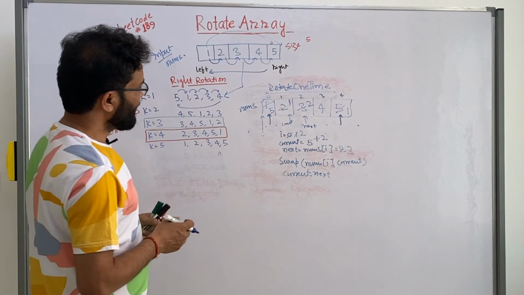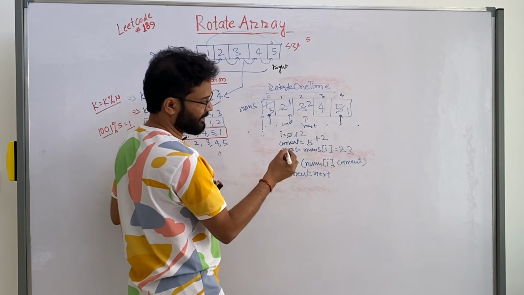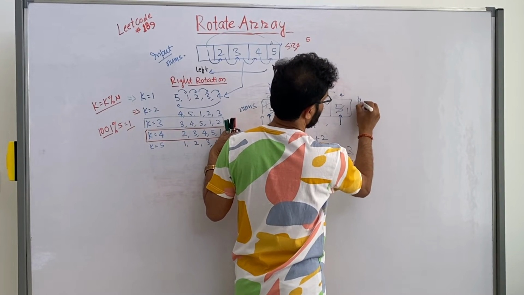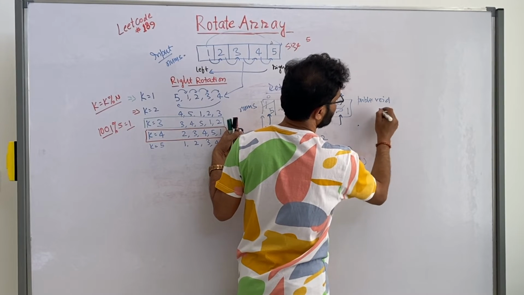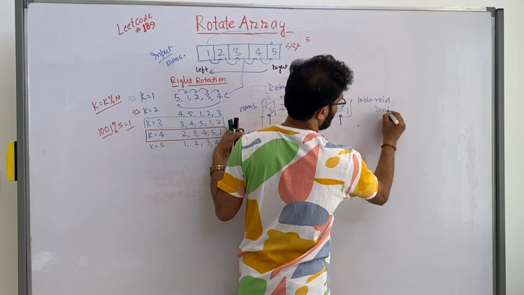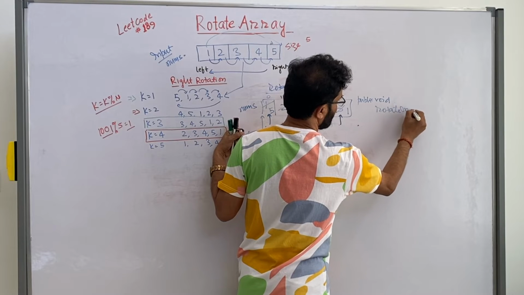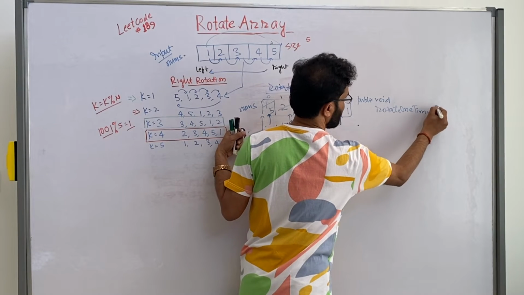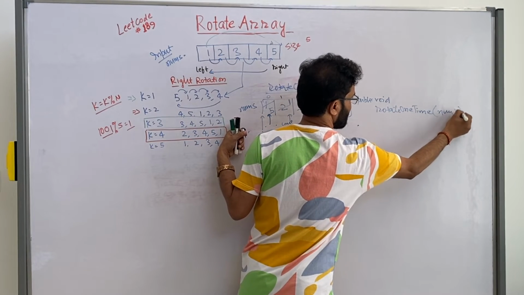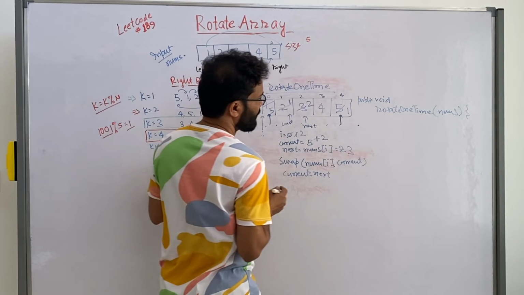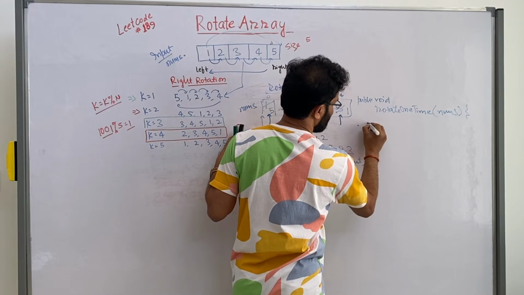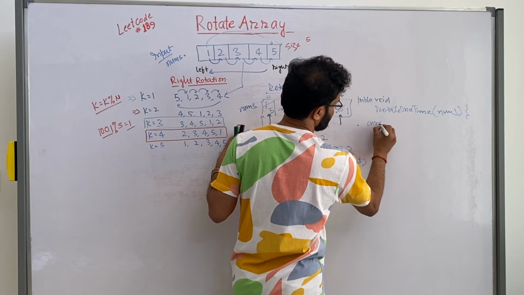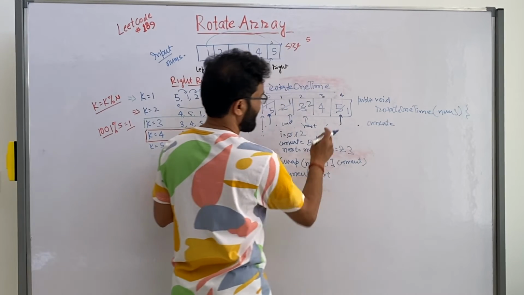So you have to write one method here. If you see, public void rotateOneTime and pass the nums. And what you have to do? First in current, keep this.